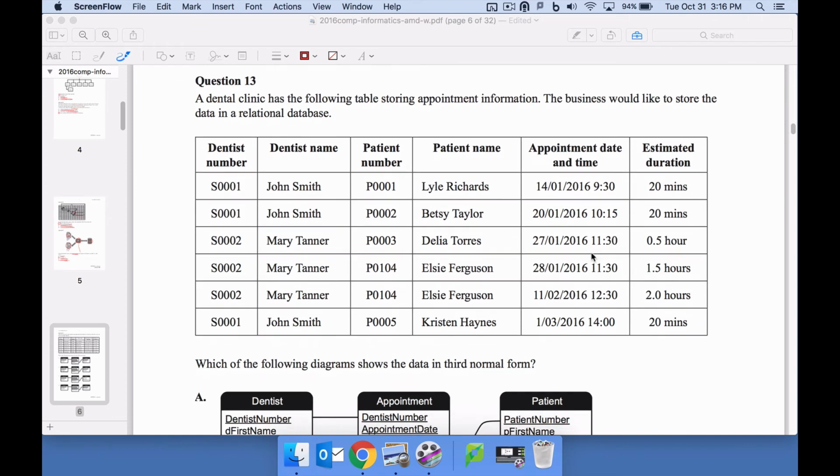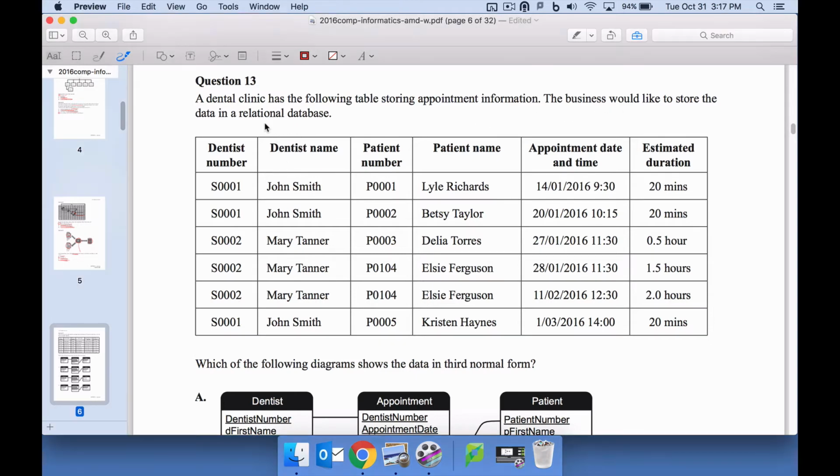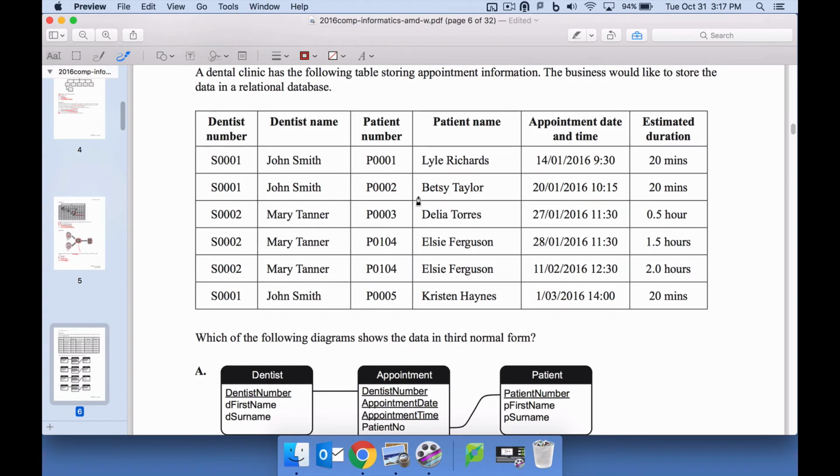Question 13, database question. A dental clinic has the following table storing appointment information. The business would like to store the data in a relational database. So here we have, it looks like a flat file. Which of the following diagrams shows the data in third normal form, 3NF? Here's our first 3NF question.